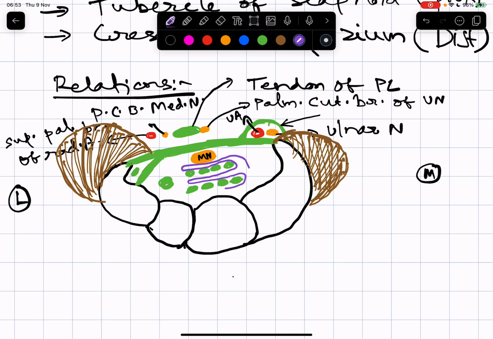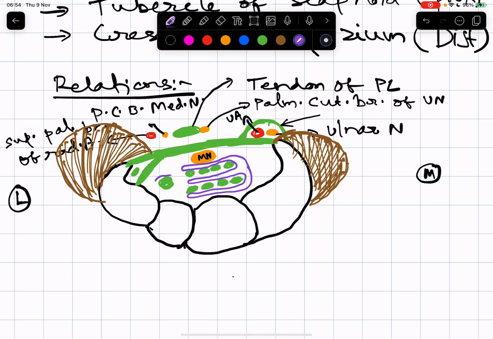The layer that is close to the tendon is the visceral layer, and the one that is away from the tendons is the parietal layer. So this is the synovial sheath, that is the ulnar bursa. This structure in purple color is the ulnar bursa that is surrounding the tendons of the flexor digitorum superficialis and the flexor digitorum profundus.